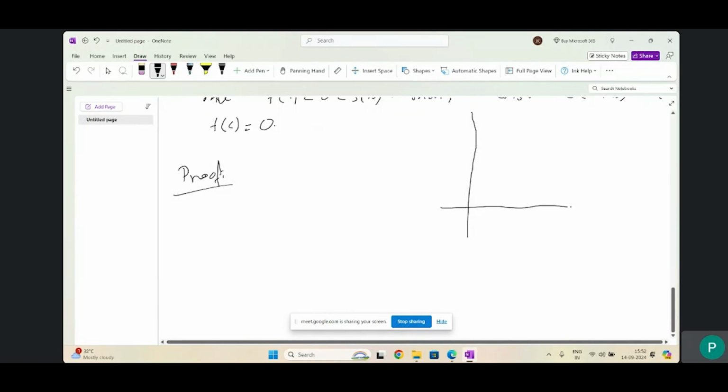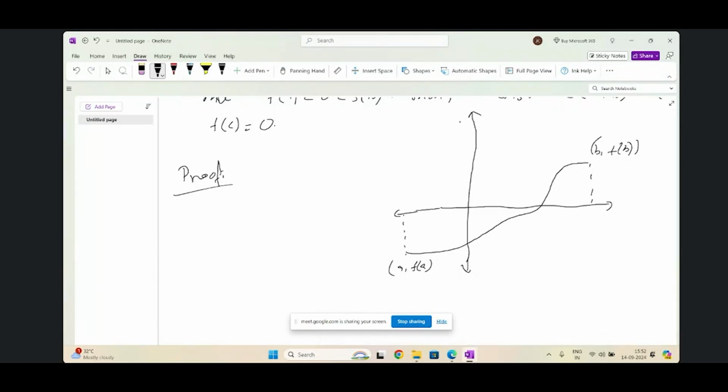So let me just try to draw a graph. This is (a, f(a)), and this is (b, f(b)). Basically, I will tell you what the strategy of this proof will be. We will use the LUB property.